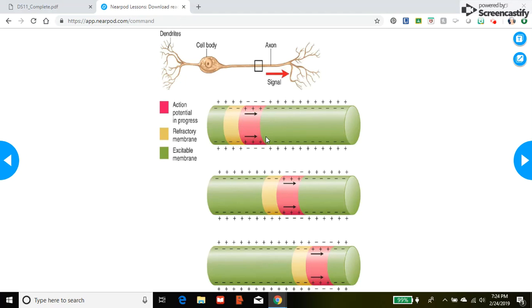So it starts here, it moves a little bit further, moves a little bit further. But following that action potential, we have the refractory period, okay, when that potassium was coming back and restoring balance. So that's always going to follow that action potential until eventually we get back to our resting state.